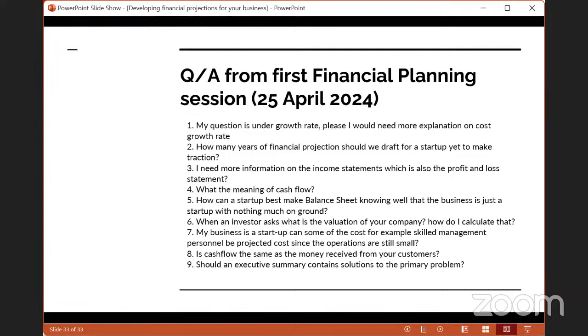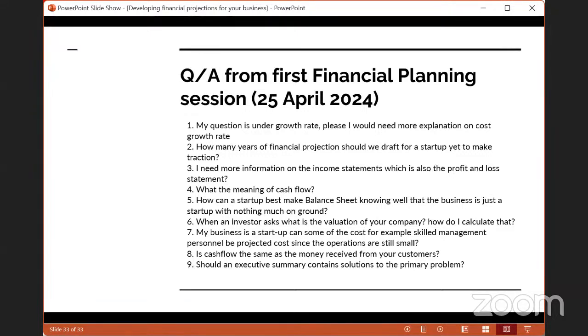Remember that I showed you in the template how you can change the number that you want. Okay, 0 managers in year 1, 1 manager in year 2, 2 managers in year 3, and on and on. So yes, you can push out the cost for senior management personnel to future years.